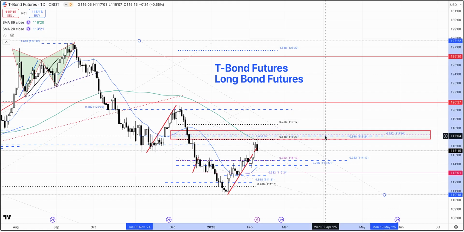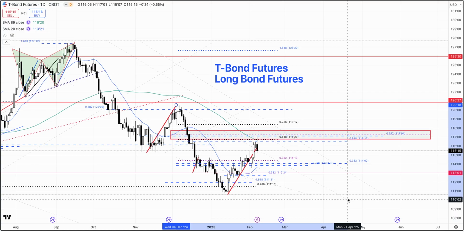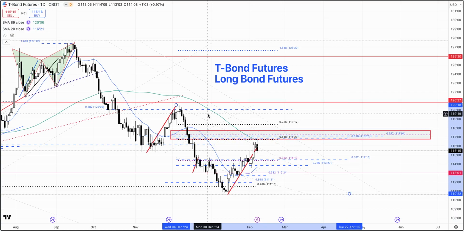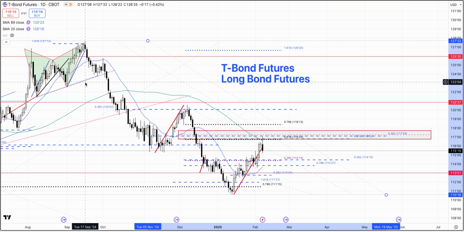So we had a 61.8% retracement come in from this high to this low, and we also had a 38.2% retracement come in all the way going back to the highs of 17th of September 2024 to the lows which came in on 14th of January 2025. So we had a confluence of two retracements coming together with symmetry nearby.